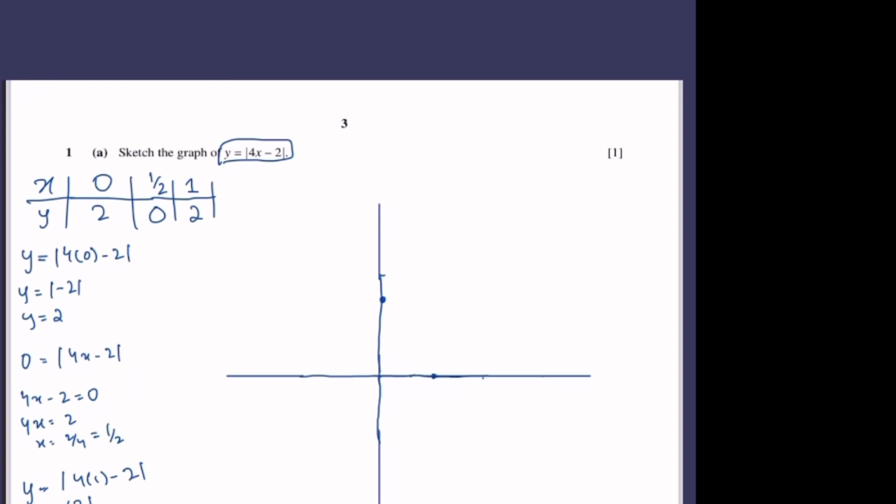So it's going to be at 1, and at the same point over here, 1 comma 2. So the sketch is going to be, we'll draw it with a scale, and the line has to pass through these points. And this is a sketch.